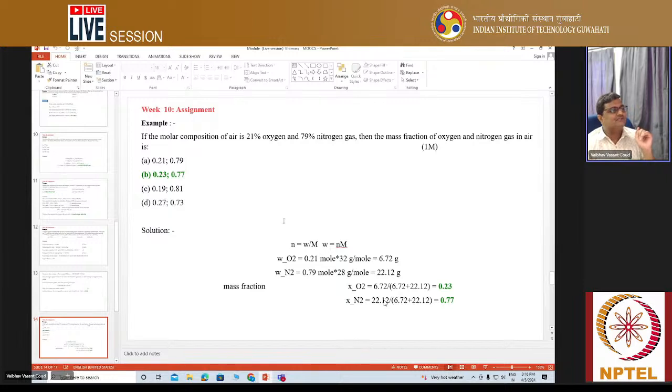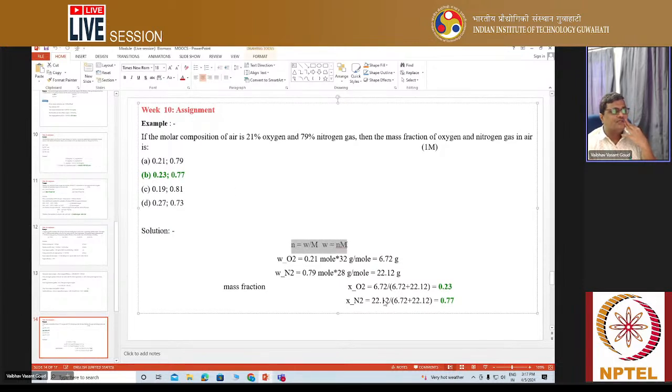For example, here, moles is nothing but the weight divided by the molecular weight, right? So weight is in the form of the specific compound, like for example here oxygen and nitrogen. Now if you have to convert this into a weight, you have to multiply these moles by the molecular weight.